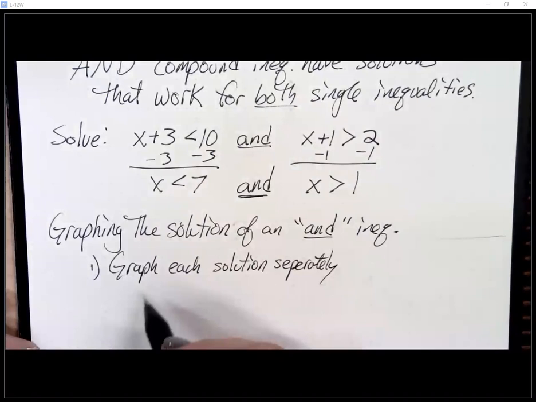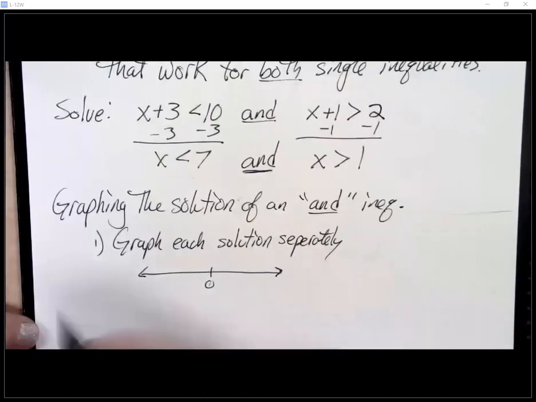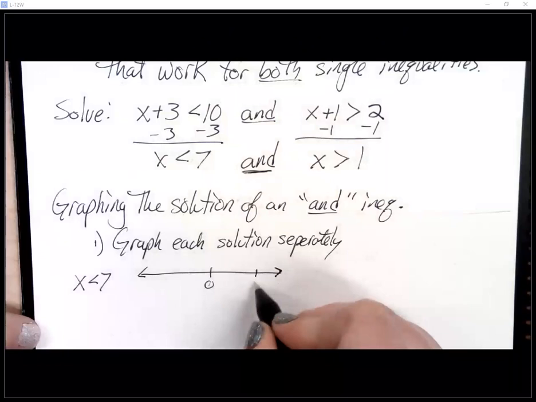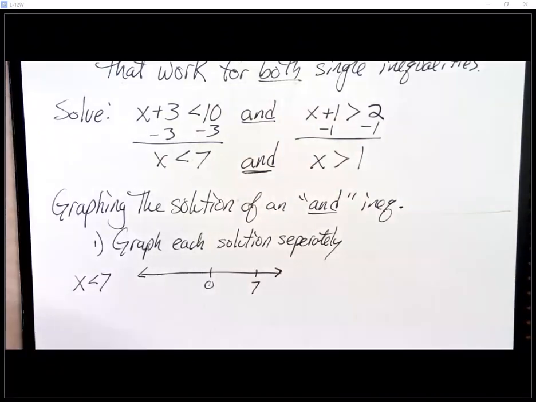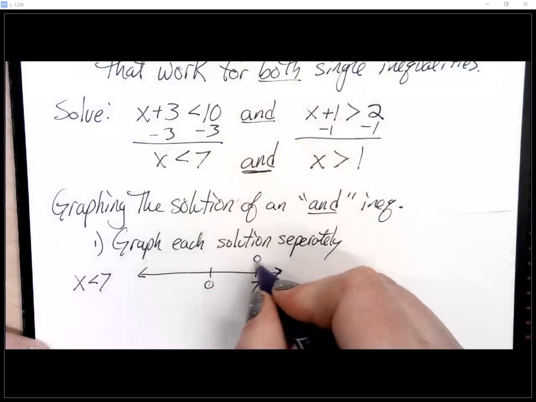My first one, if I just make a little number line here, my first one was x is less than 7. So let's say I put 7 right here. Use some different colors. Purple. I have it open at 7, and I'm going to shade to the left.